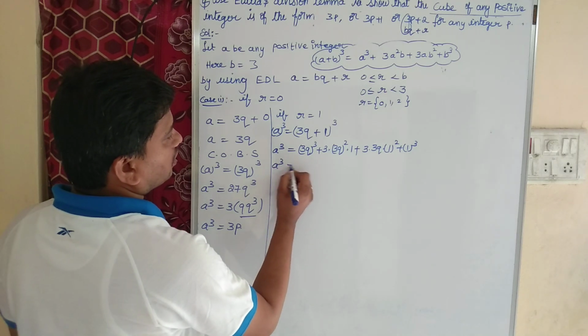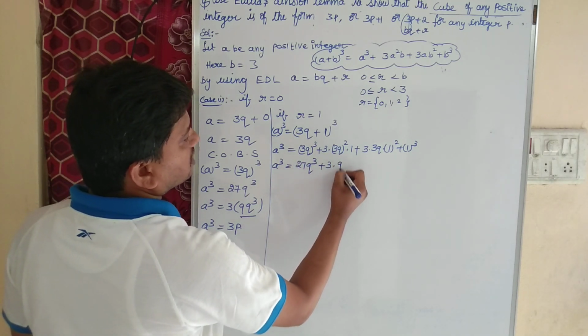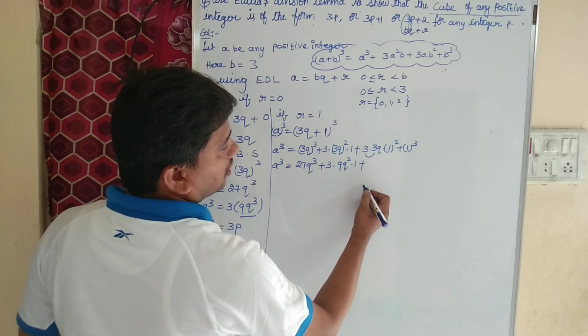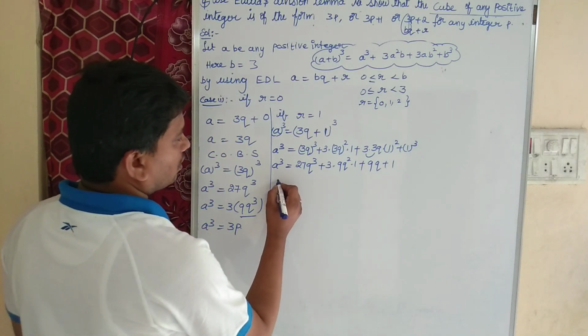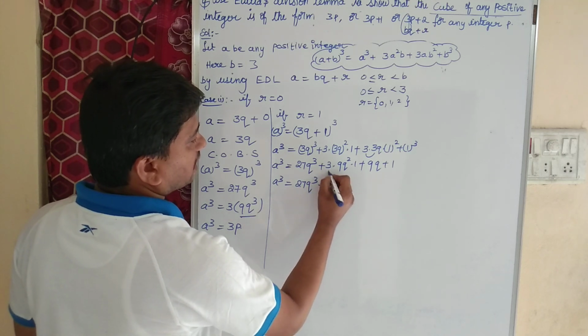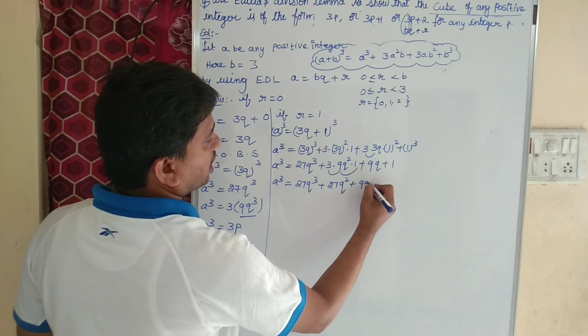So a cube equal to 3 cube is 27q cube plus 3 into 3 square is 9q square into 1, 3 3s are 9, 1 square is nothing but 1 only, 9q plus 1. So a cube equal to 27q cube plus 3 9s are 27, 27 1 is 27q square plus 9q plus 1.